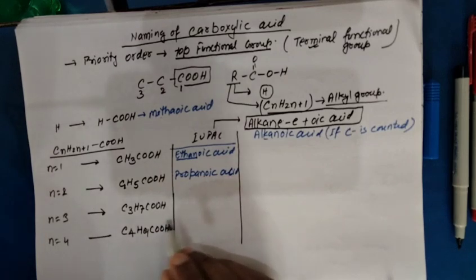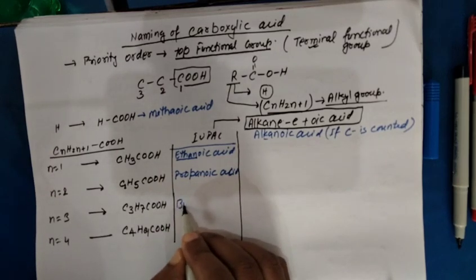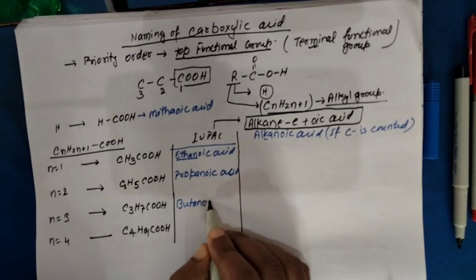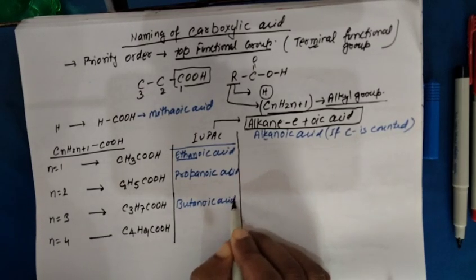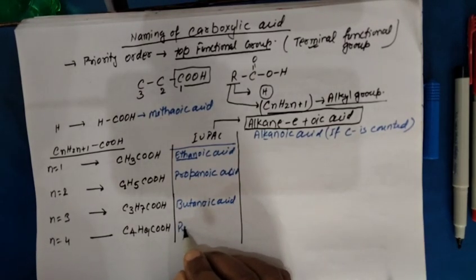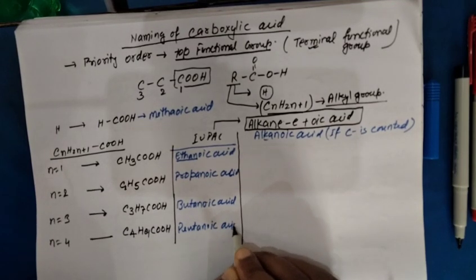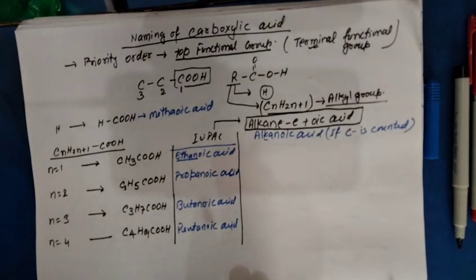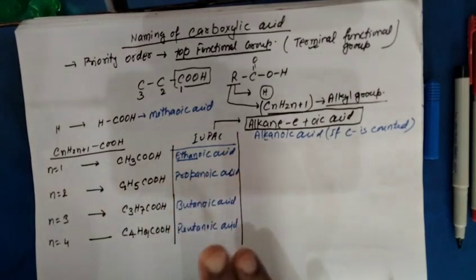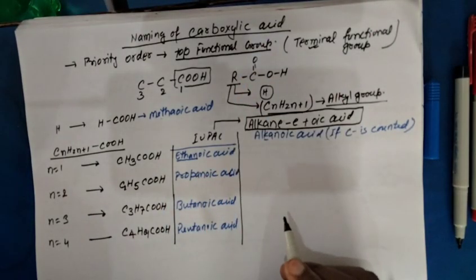And for this one, we can simply say butanoic acid, pentanoic acid. Okay, so this is the simple naming for carboxylic acid.